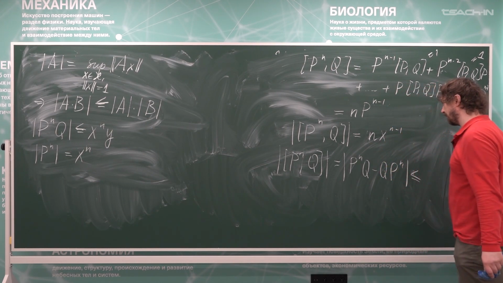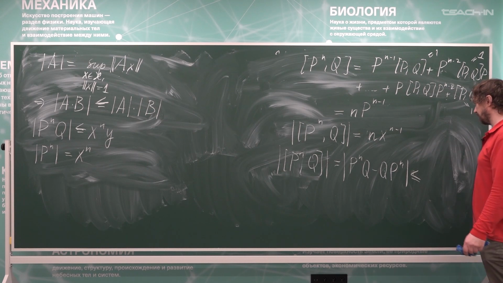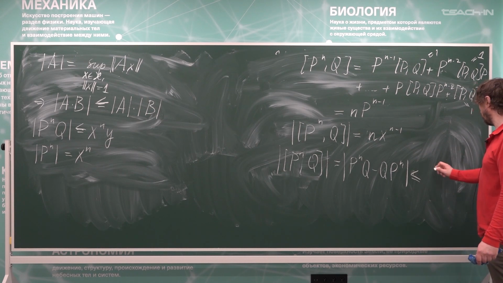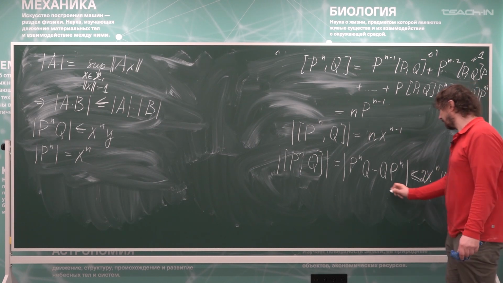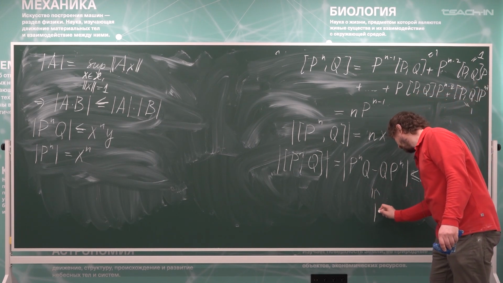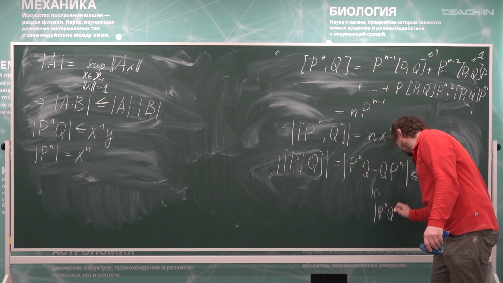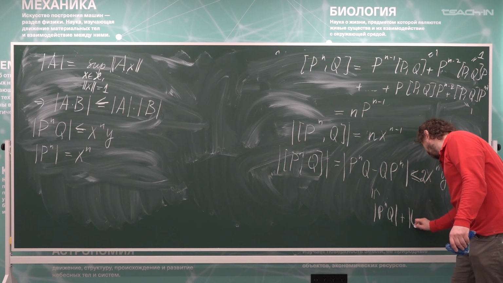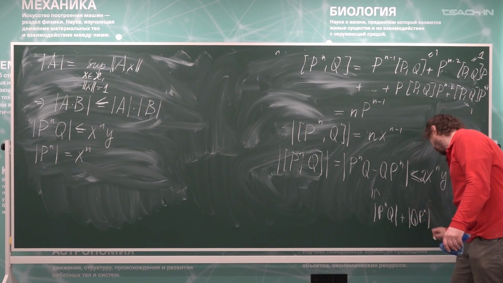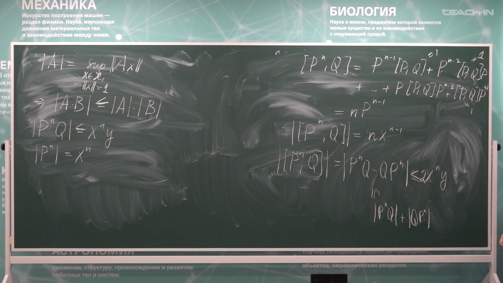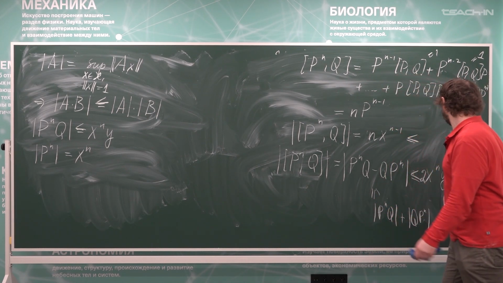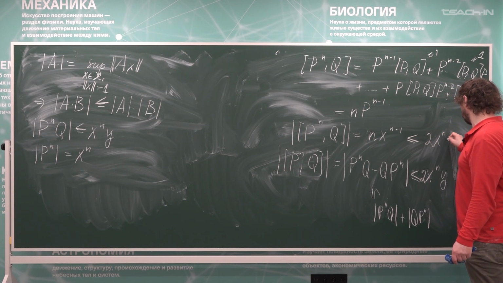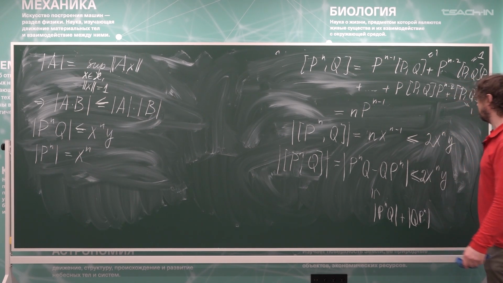And by inequalities, it is less or equal to x^n times y multiplied by 2, because this is less or equal to the sum of the norm of p^n q plus the norm of q p^n. So we have an inequality: this is less or equal to twice x^n times y for all n.